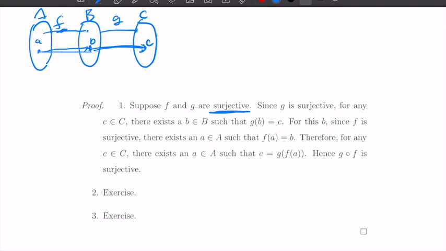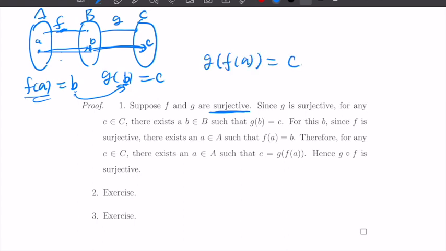So from this we have G of B is equal to C. But from here we have F of A equal to B. So replacing this B by this, we have G of F of A equal to C. But this was the definition of G after F, right?